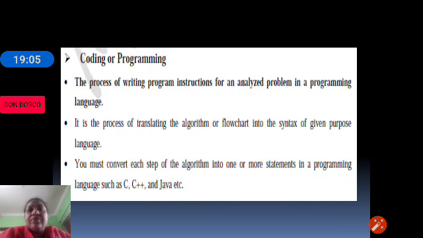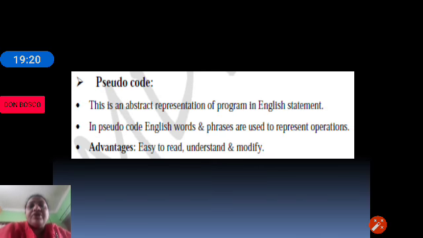So what is coding? Coding is the process of writing computer programs using a computer language, whereas pseudocode is also a process of writing steps, but we are not following any systematic order. Instead, we write the programs using English statements, words, and phrases.